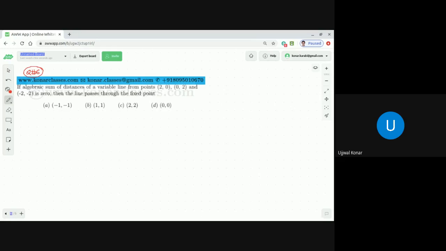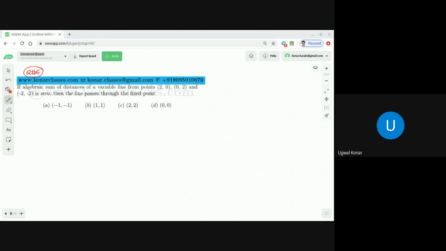Which among these 4 points? Option A (-1, -1), option B (1, 1), option C (2, 2), and option D (0, 0). So let's see how to approach this particular problem, dear students.